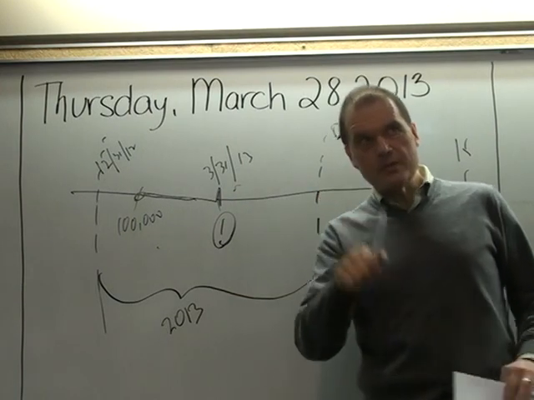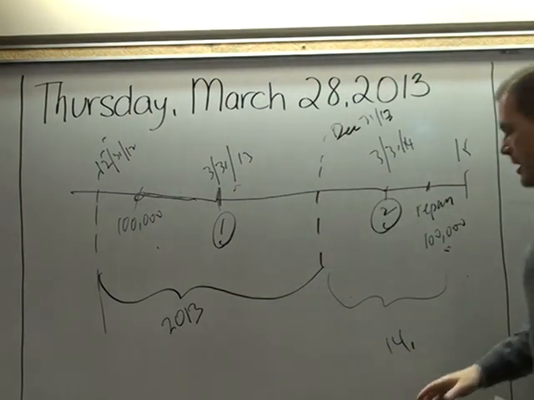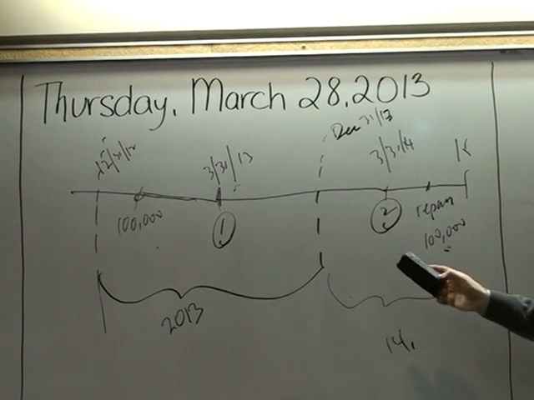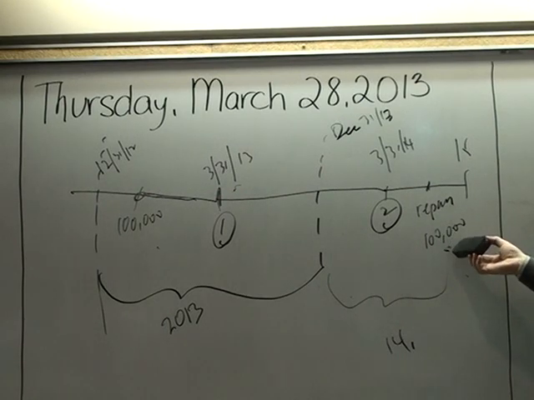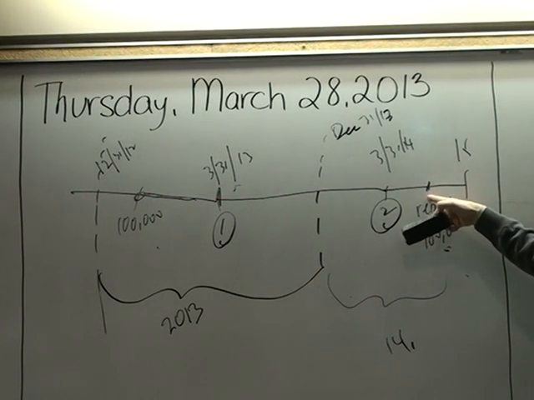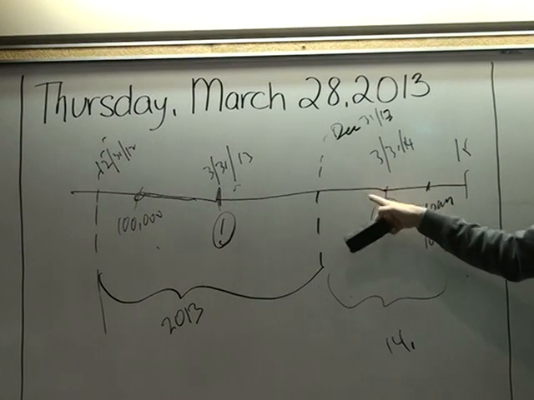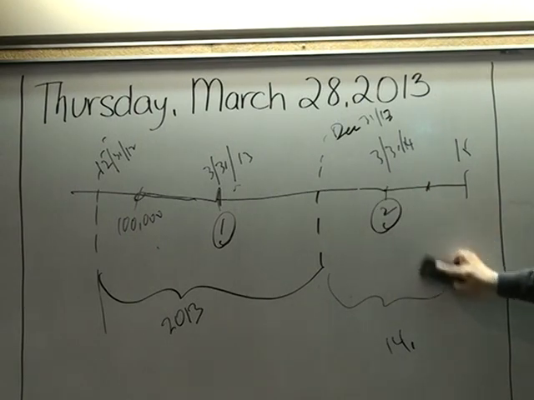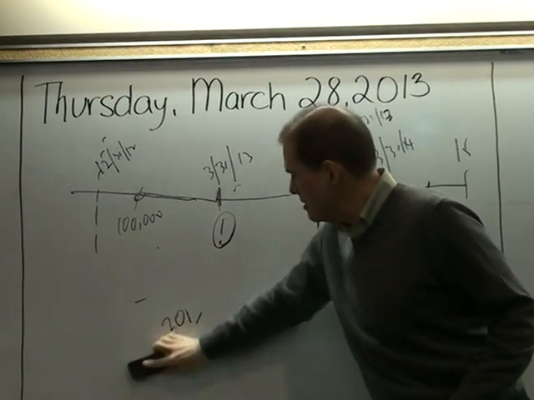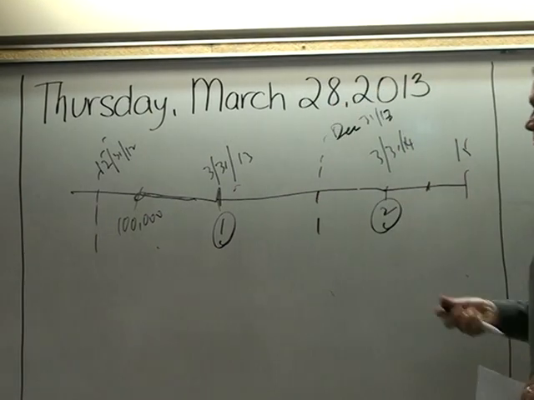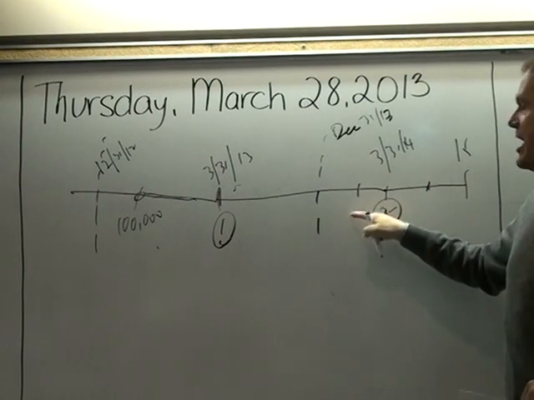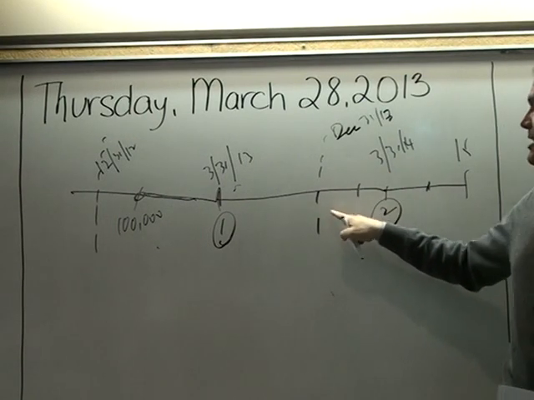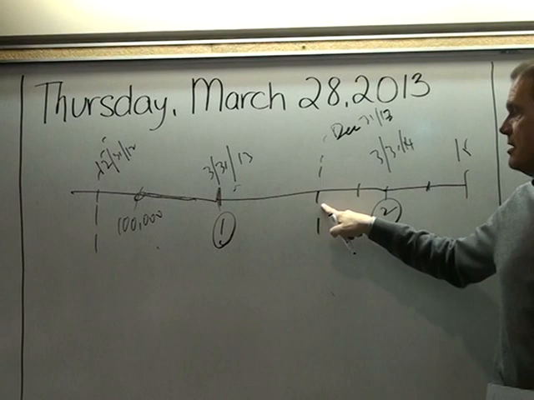Okay, this is the easiest. I'm going to give you one level tougher. What if I repay the money sooner? So in this case, I repaid it sometime over here. If I repay it here, which is sort of January 2014, because this is December 2013.